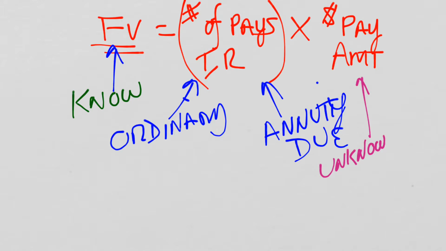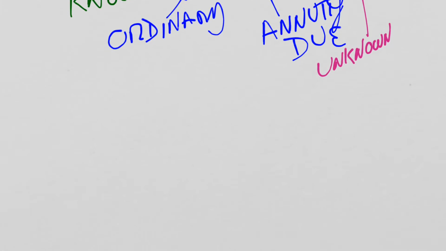Just like any algebraic equation, we can solve for the unknown here by doing a little bit of manipulation of the traditional methodology that we learned yesterday, and that would be the following.